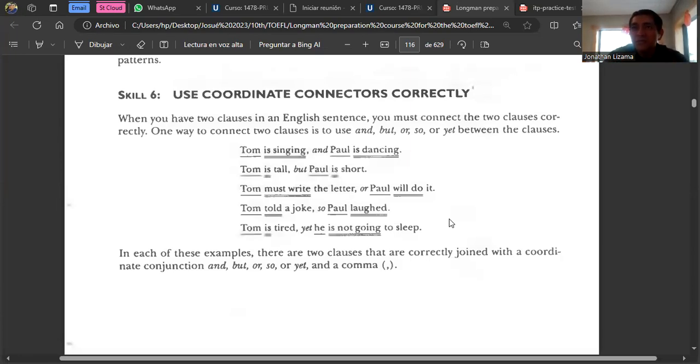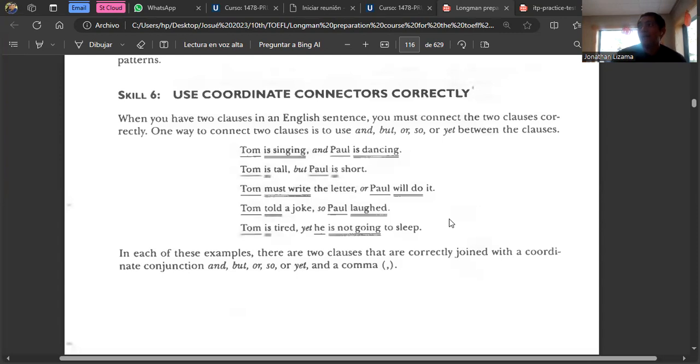Something that you must put into your mind and pay attention to is that two sentences are divided by two important things. They are a comma and the coordinating connector. That's it. If you have a comma and a coordinating connector, you understood everything.